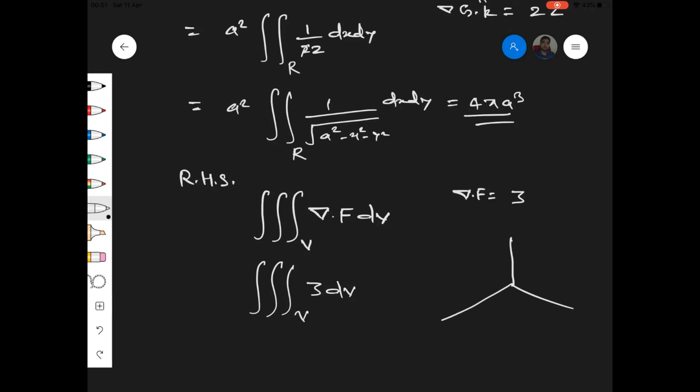So in this case we have a surface as a sphere whose radius is a.